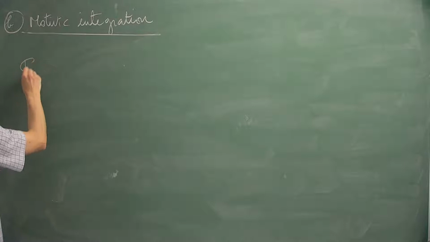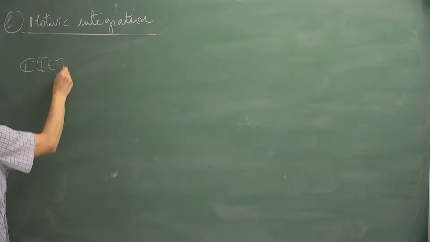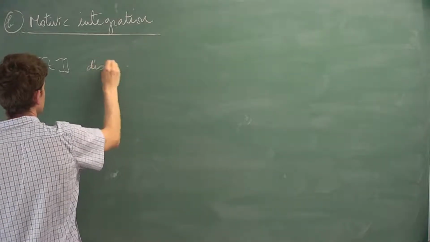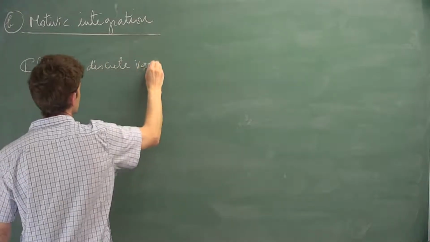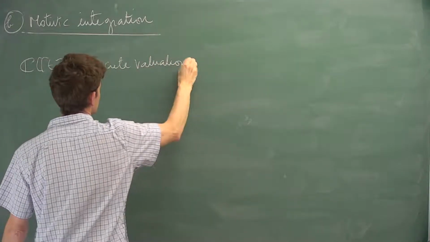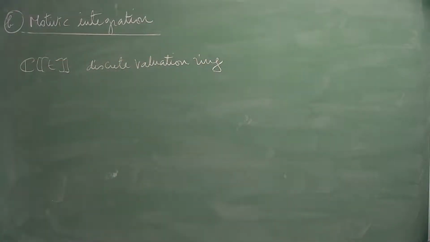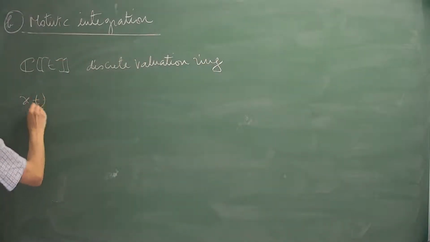Motivic integration. So, as I said, now we work with C((T)), the formal series with complex coefficients, and this is also a discrete valuation ring.